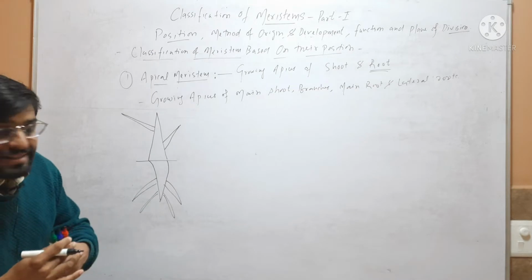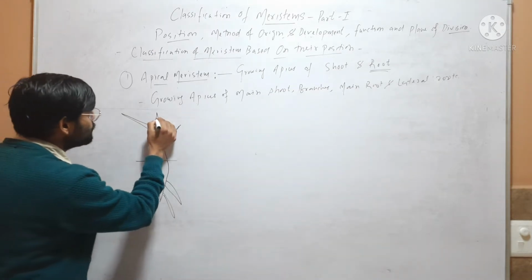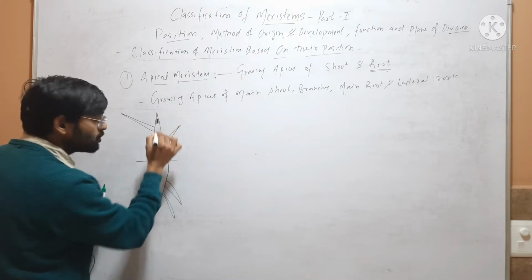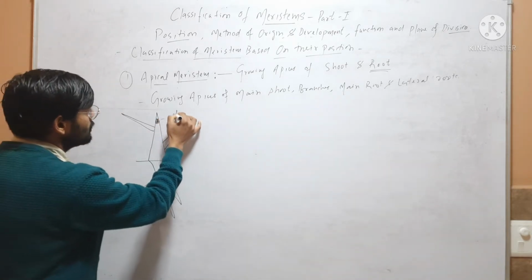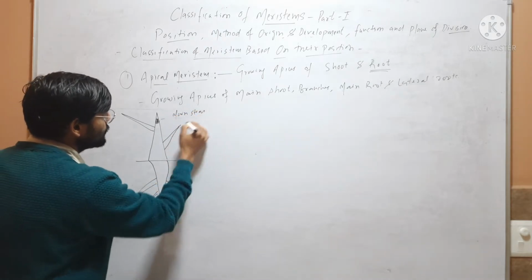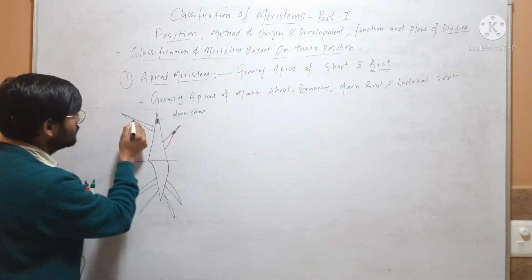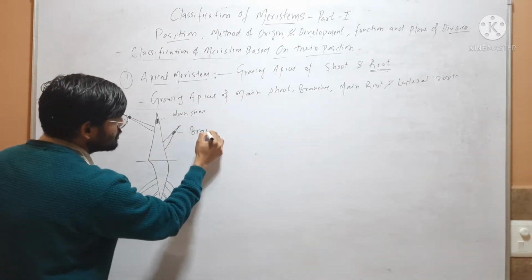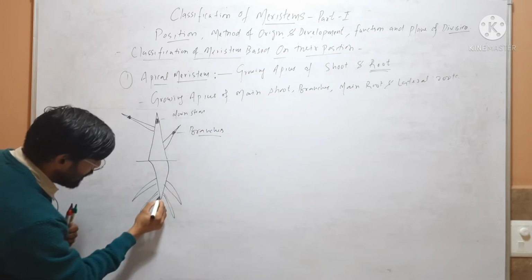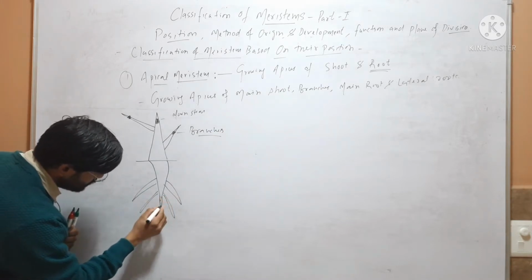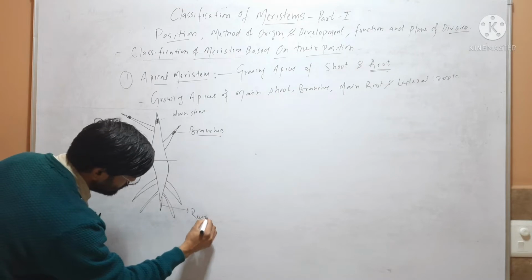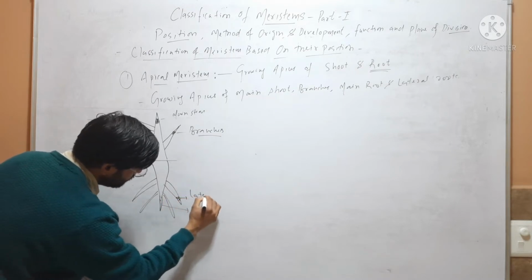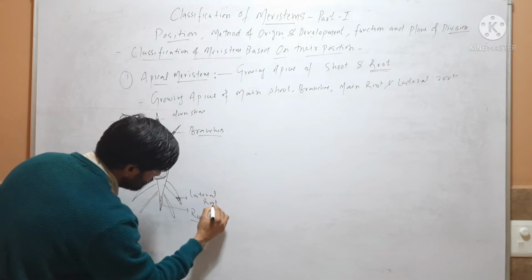So the meristem or group of cells that is present on the growing apices at the top of the main stem, at the apices of branches, at the apices of root and at the apices of lateral roots.